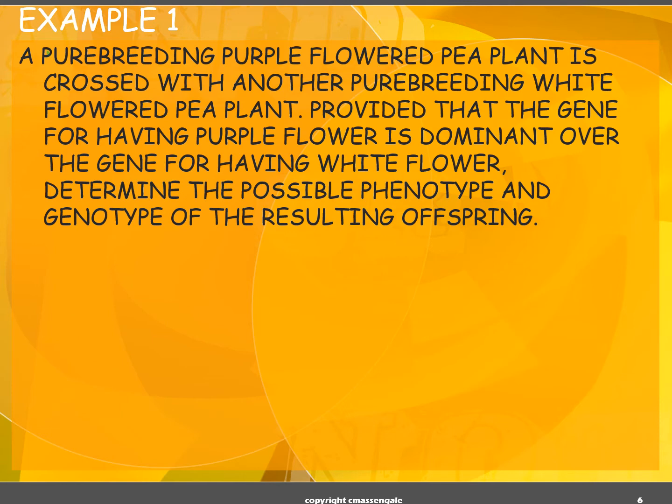We have here pure breeding. Take note, class, that when we are talking about pure breeding, it means that it is homozygous. So when we say pure breeding, it's homozygous.